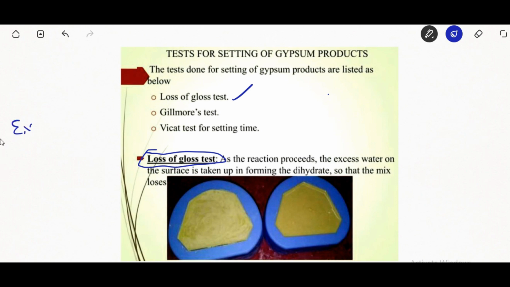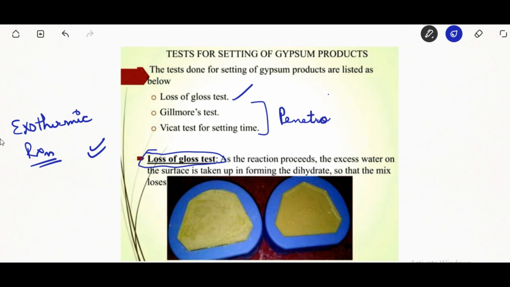The second method is the exothermic reaction. As we know, the setting reaction is exothermic in nature, so this temperature rise may be used for the measurement of the setting time.